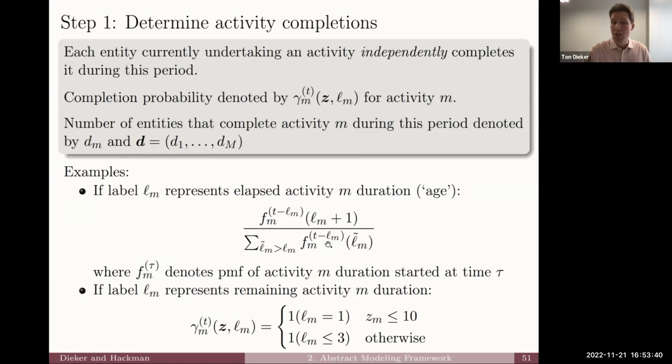So this shows you that gamma is the proper primitive and not the hazard function or the activity duration PMF. And this example at the bottom is an example of a policy where we accelerate service, maybe if part of the network is congested. Depending on what the count variable is, there could be some probability, or in this example, we push out people close to being finished sooner.